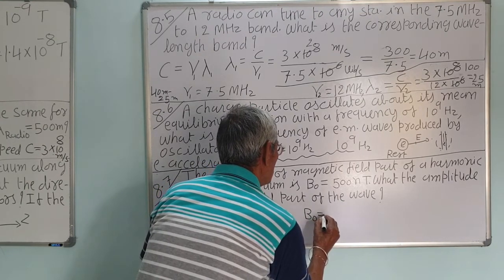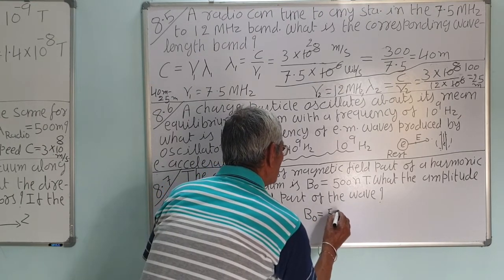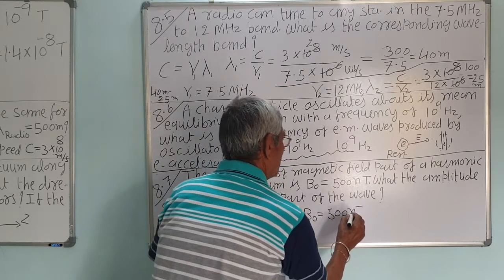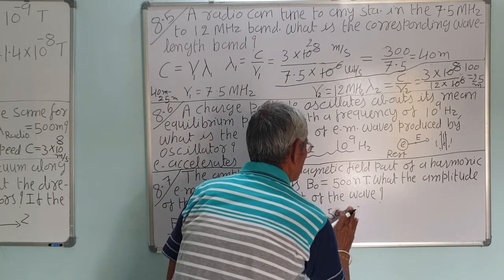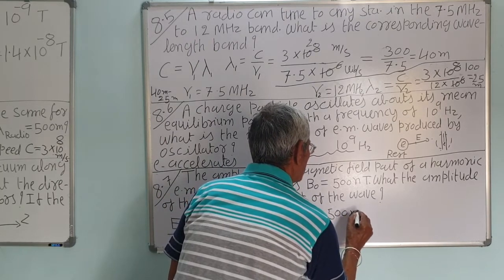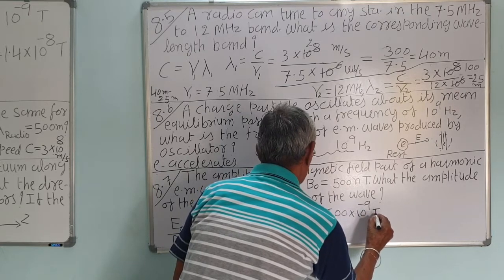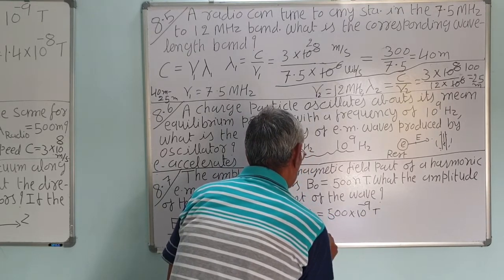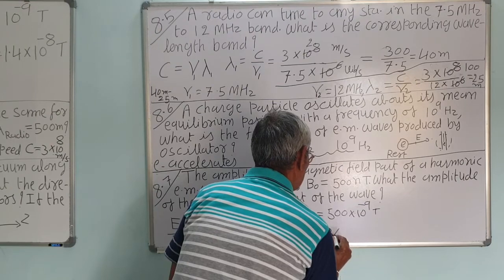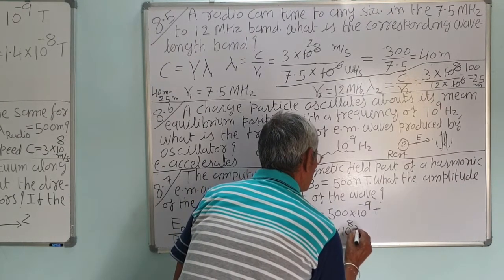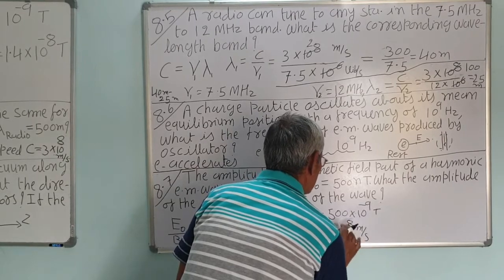B0 is equal to 500 nanotesla, or you can write 500 into 10 raised to minus 9 Tesla, and c is the velocity of light, 3 into 10 raised to 8 meter per second.